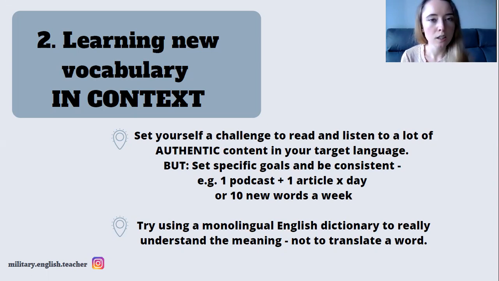Reading one article and listening to one podcast per day or per week, whatever works for you. And it depends how much time you have. It's going to be different for everyone. But I would recommend doing something every single day to get into a habit of doing something for your English every single day. And try using monolingual English dictionaries.